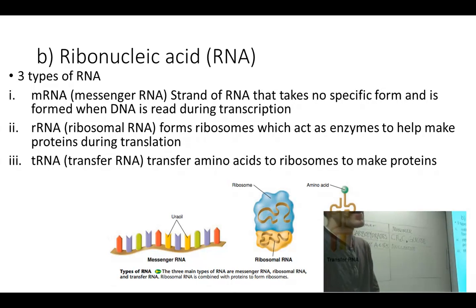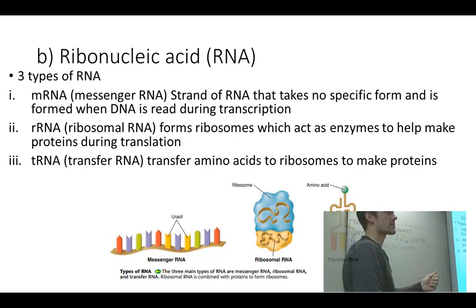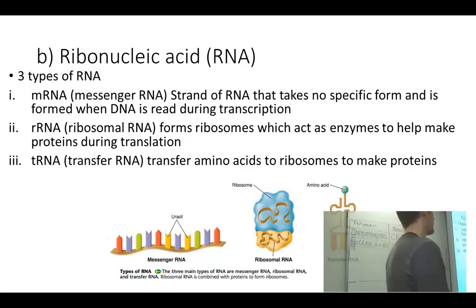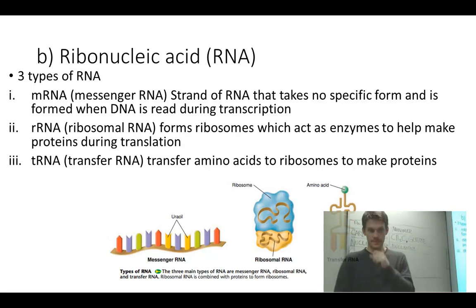Messenger RNA is a single strand of nucleotides bound together, and because it doesn't have another strand to bond with, it will bind with itself and won't really take any specific form. But it is very important for the process of transcription. We're going to go over transcription in a lot more detail later on.